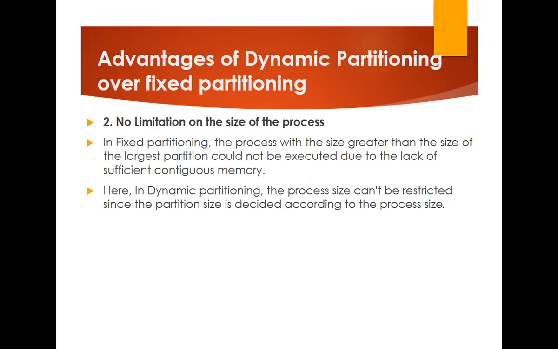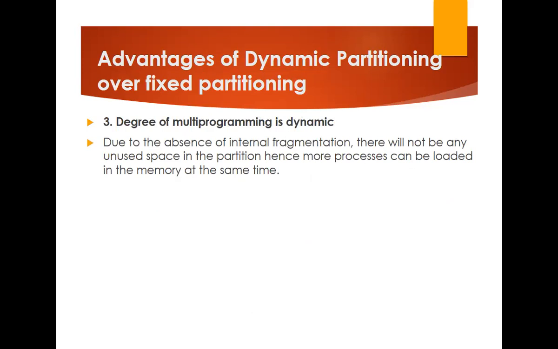So, no limitation on the size of the process. Degree of multiprogramming is dynamic. Due to the absence of internal fragmentation, there will not be any unused space in the partition. Hence, more processes can be loaded in the memory at the same time.